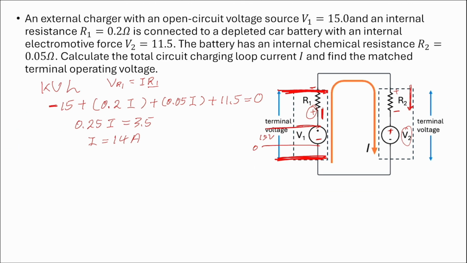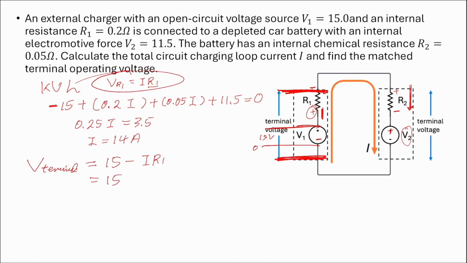So it means the V terminal at the charger is equal to 15 minus how much drop across R1. Of course, how much drop across R1? We can also apply this one is IR1. 15 minus, we just found I equal to 14 and R1 is 0.2. So the answer is 12.2 volt.